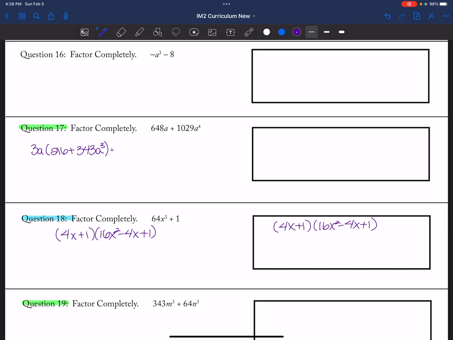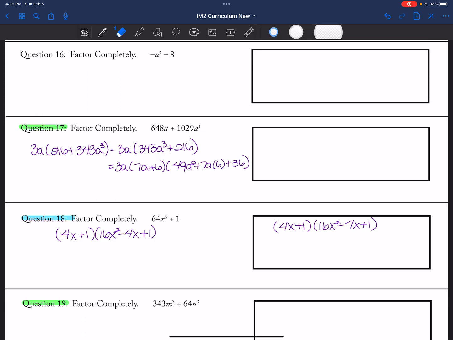So this would be 3a, 343a cubed plus 216. So that's 7a plus 6, and then 49a squared plus 7a times 6 plus 36.